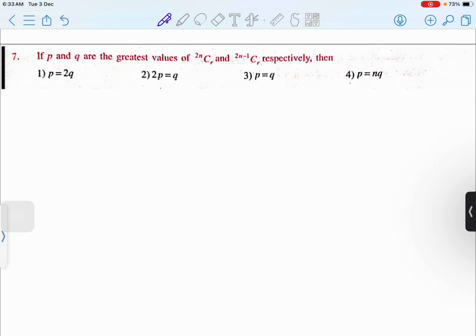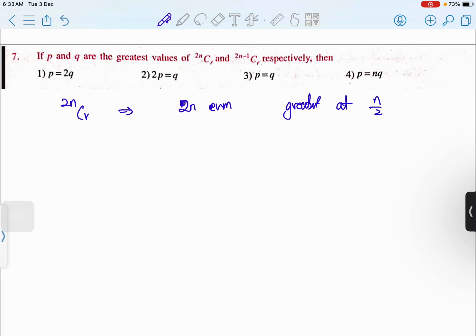Next one, P and Q are the greatest values of... Okay, so it is the same greatest value sum only. We are going to find for 2nCR. Its greatest value, 2n is always even, so you will get the greatest value at n by 2.